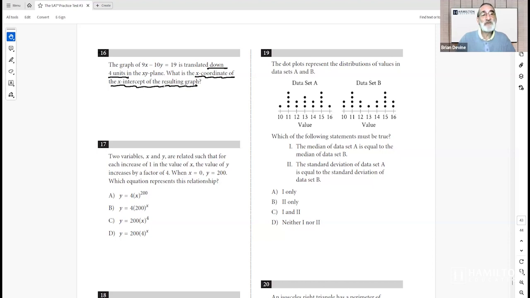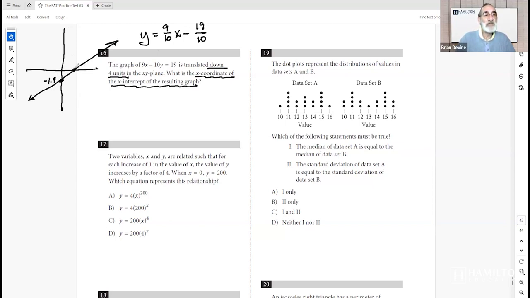If I were to graph that line, I could rewrite it as y equals 9/10 x minus 19 over 10, which is negative 1.9. So I'm going to have a negative y-intercept, negative 1.9, and a slope a little bit less than 1.